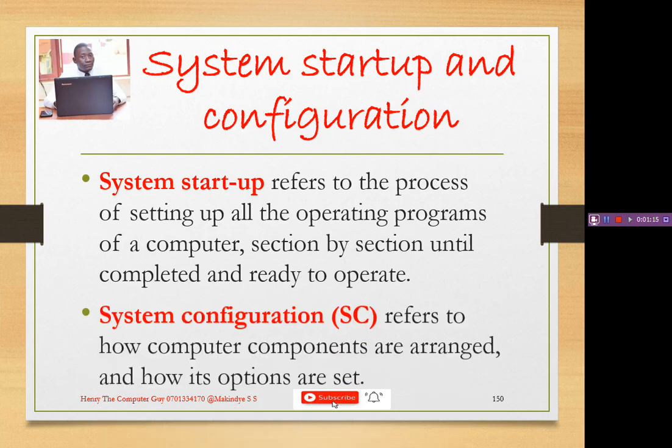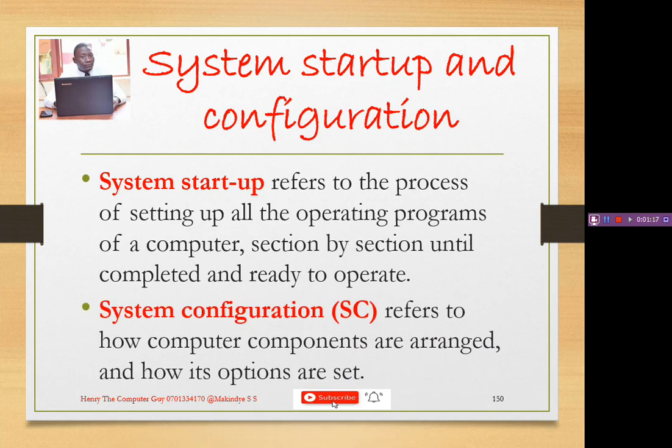Then when we talk about system configuration, or the SC, it refers to how computer components are arranged and how its options are set. So specifically, configuration in this manner is how components are arranged to make up the computer system.